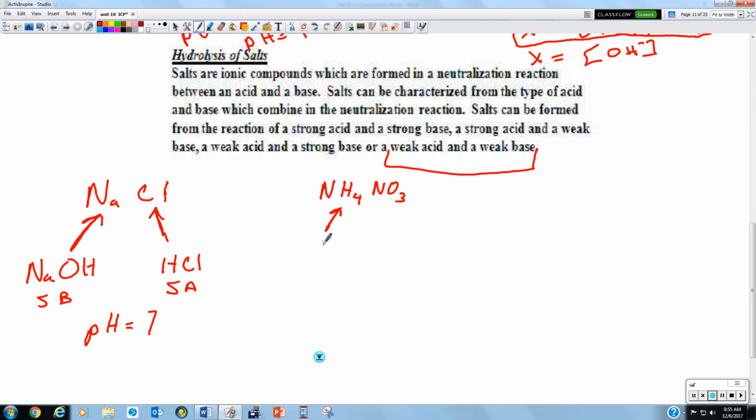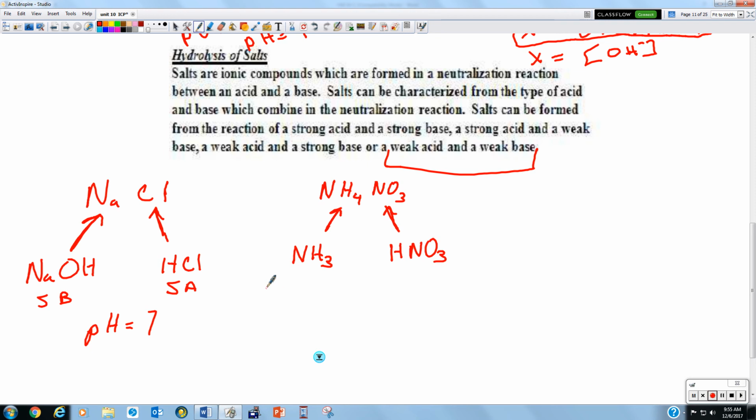It was a proton acceptor early on, so it's going to be a base. So what base would it be? NH3? All right. Ammonia. And then this one, its initial situation would have been nitric acid, HNO3.